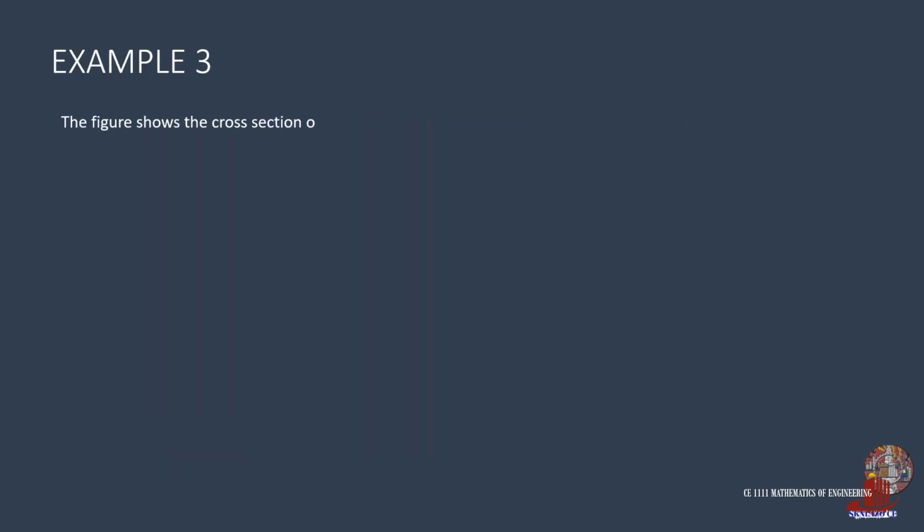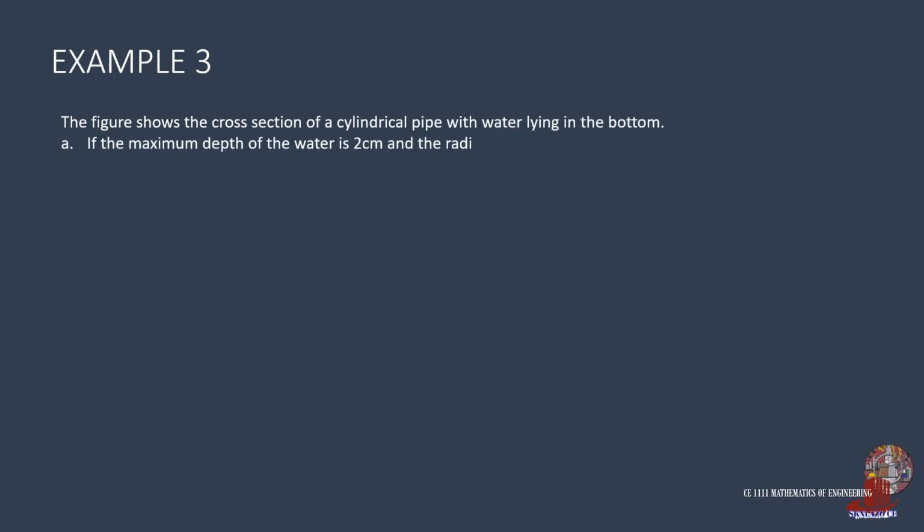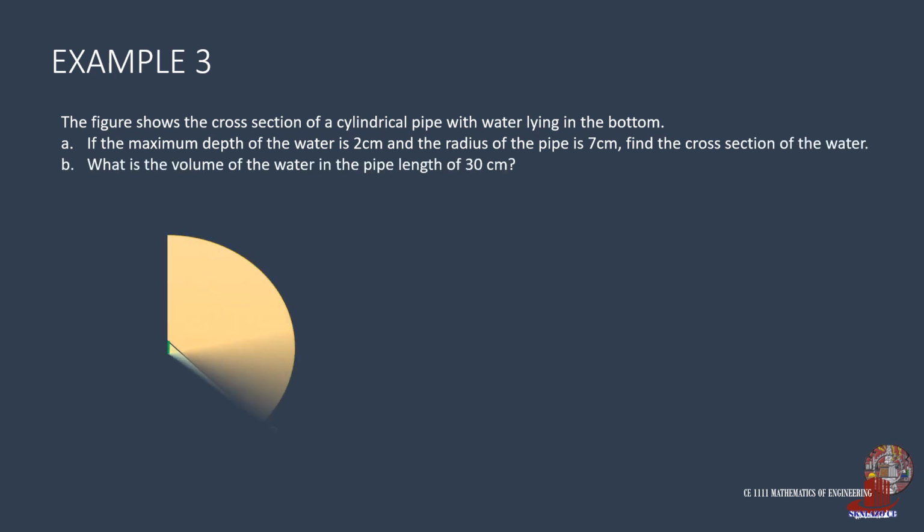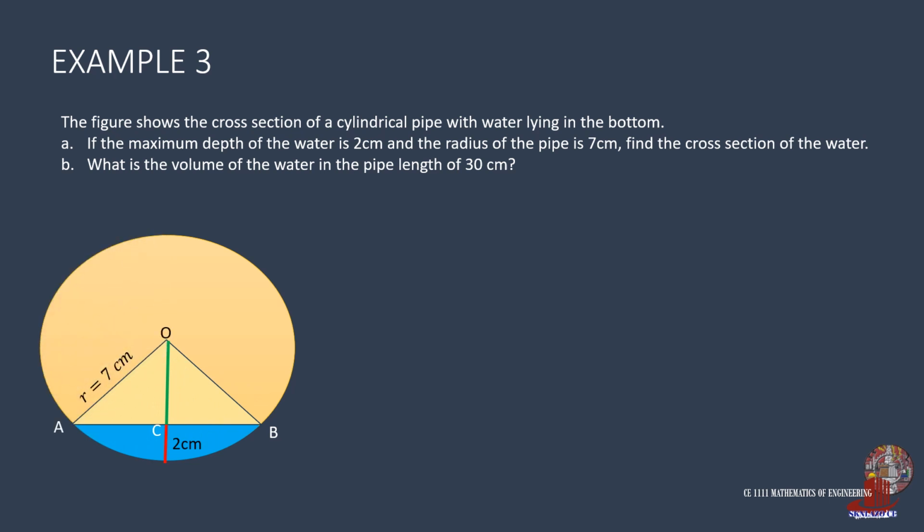The third example provides a figure showing the cross-section of a cylindrical pipe with water lying in the bottom. First, focus on the maximum depth of water at 2 centimeters. If a line is reflected to the center, the length is the radius of 7 centimeters. So length OC is solved as 5 cm.